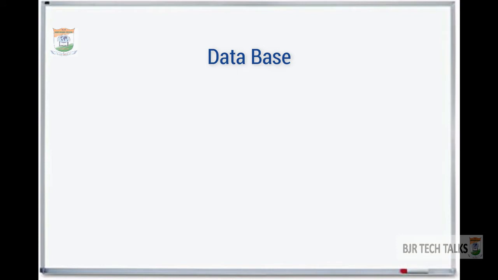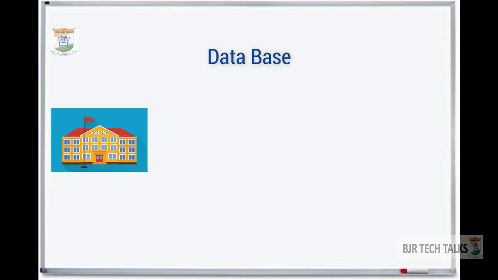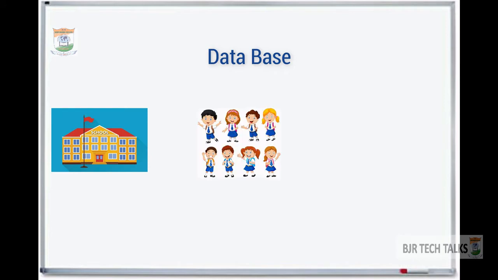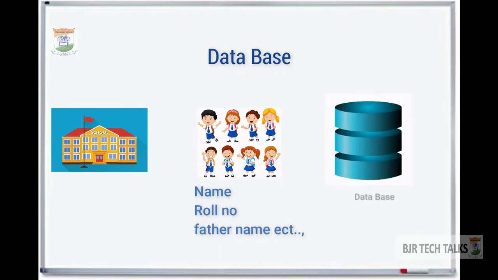To understand the database, let me give a simple example. We have a school and we have children in that school, and we have several attributes like their name, roll number, father name, etc. And I have to store that information somewhere, that is database.